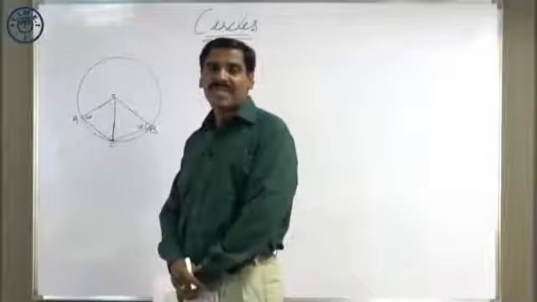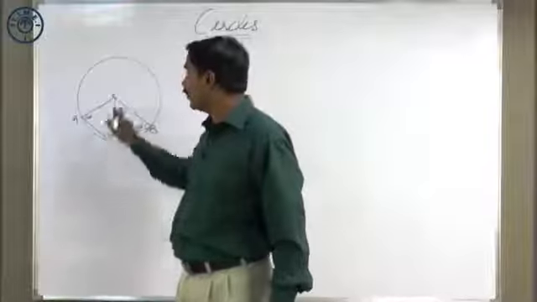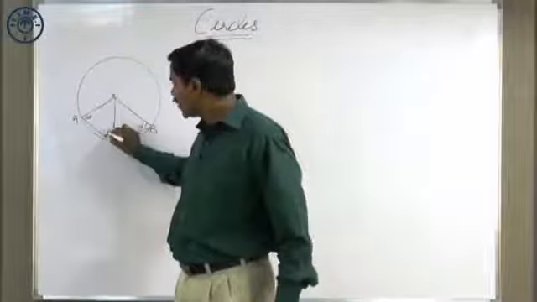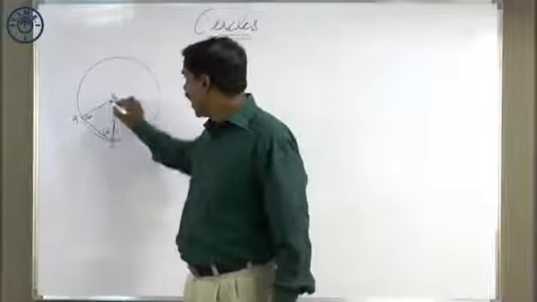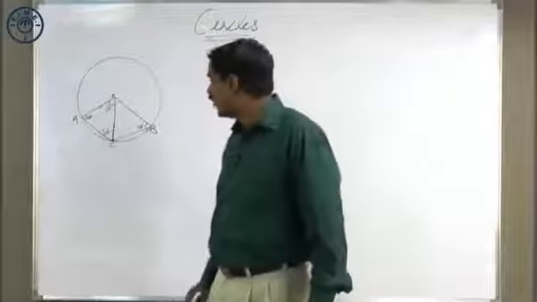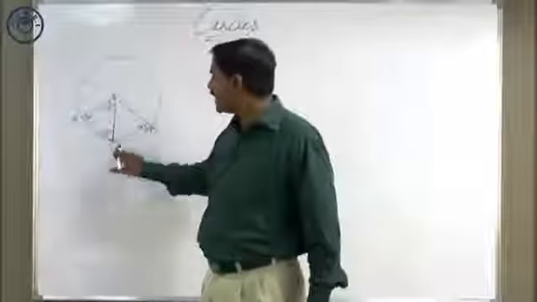In that case, as two sides are equal, we can say the angles opposite to them are also equal. So the angle opposite to OA will be at C, and opposite to OC will be at A. So these two are 60 degrees we can say. As the sum of the angles of a triangle is 180 degrees, the balance 60 degrees should be present here, right? In the same way, if you are looking at the other triangle, OBC is mentioned as 70 degrees.